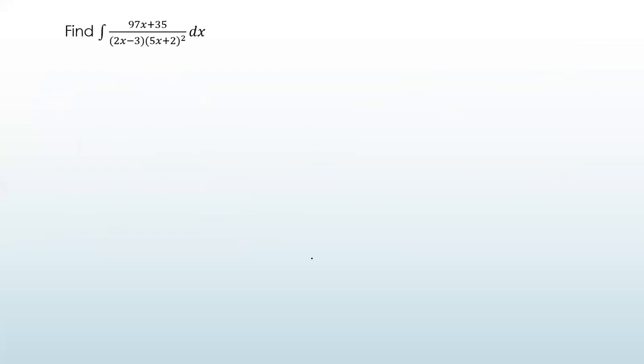Integration of 97x plus 35 over (2x minus 3) times (5x plus 2) squared. As usual, you have to convert into partial fractions first, and afterwards find the integral outcome. How to convert into partial fractions?